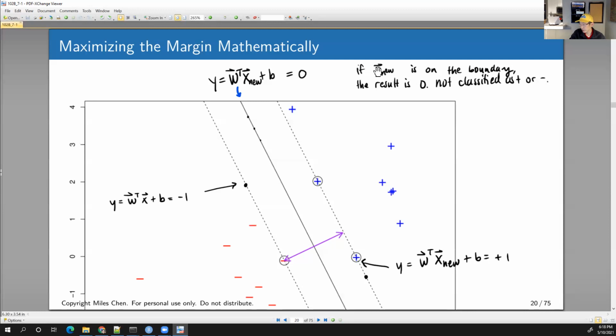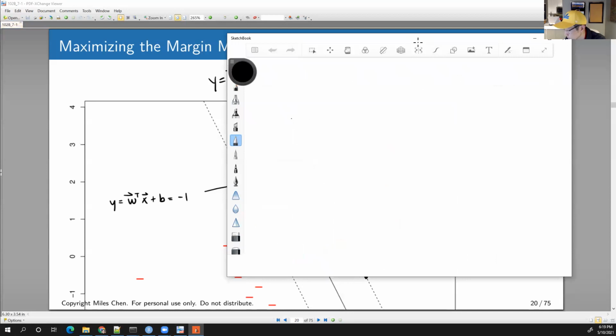And if some new point is on the boundary itself, this is going to equal 0, right? So is this going to be better if I do an example with just some numbers here? Here we've got X1 and X2.